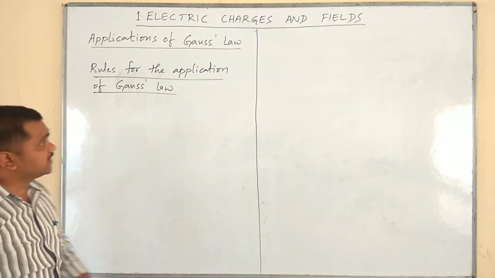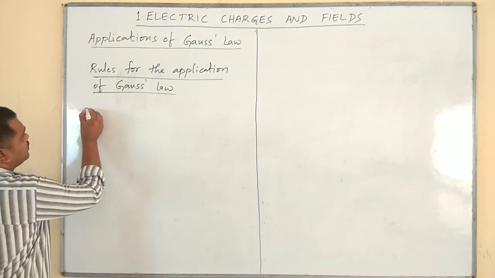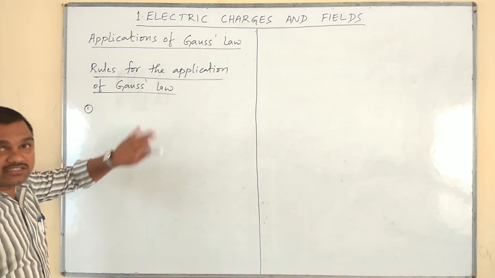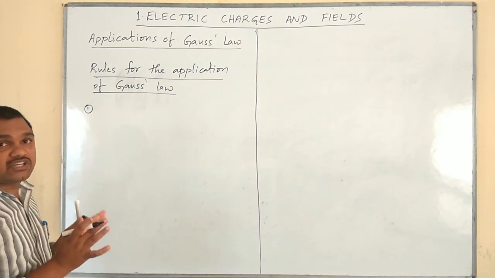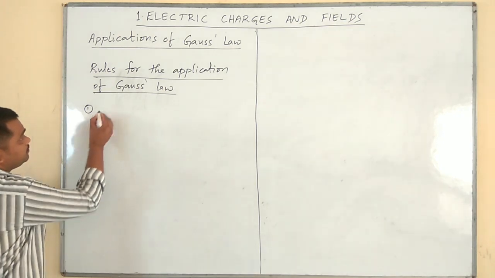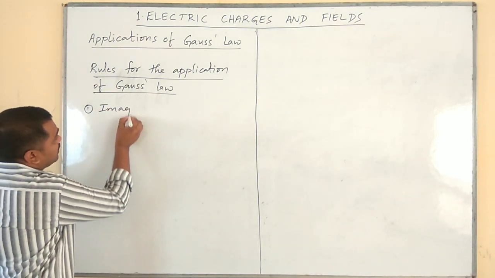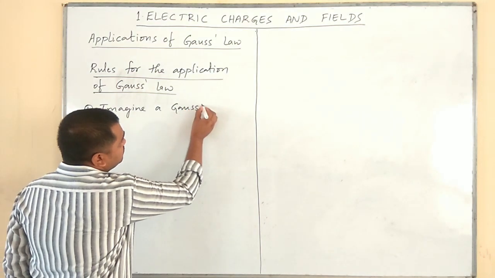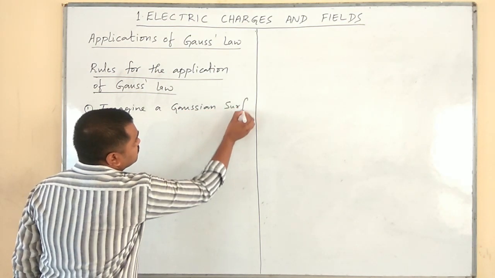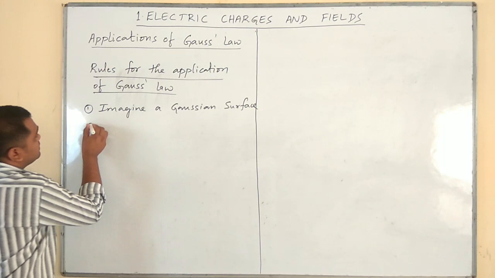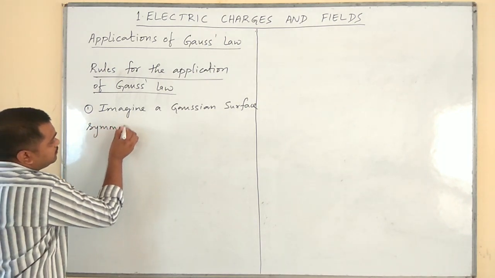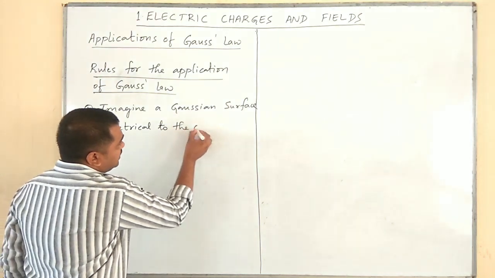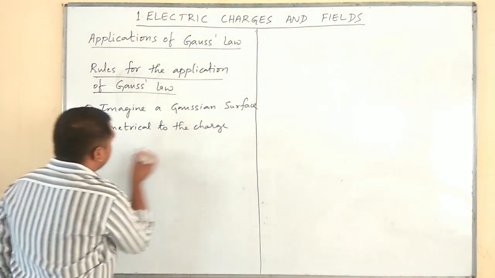The first rule one should follow is: imagine a Gaussian surface symmetrical to the charge distribution.